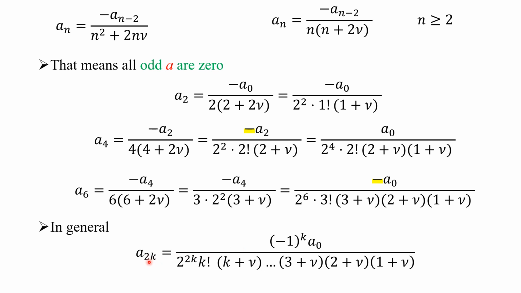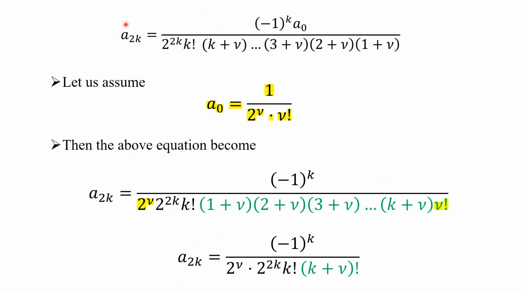That is a2k. So finally, we got this coefficient expression, and it's customary to assume a naught is an arbitrary constant, which is equal to 1 over 2 power nu multiplied by nu factorial. Then this equation becomes like this.